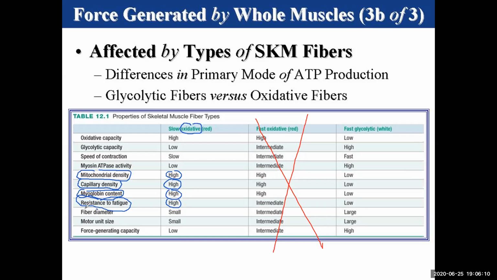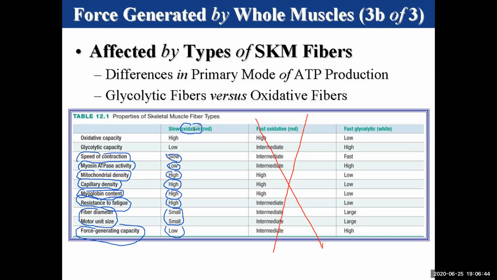They have a tendency to be small in size, both the motor unit and the diameter of the muscle fiber. And because of that, they have weak tension generating capability, so low. And they have little myosin activity, so low here, leading to slow speed of contraction.